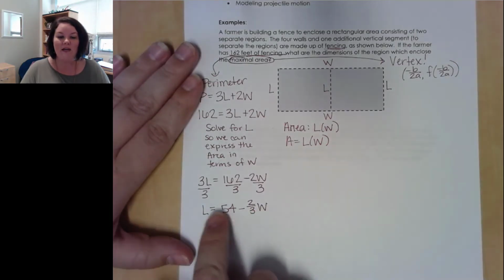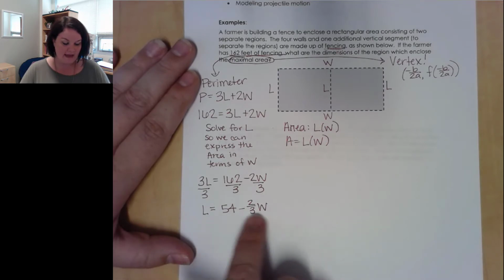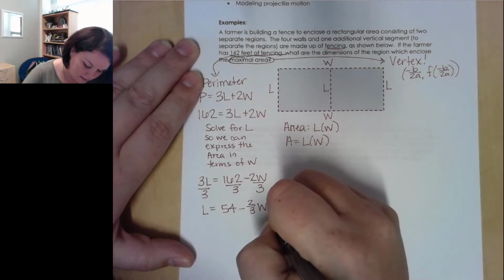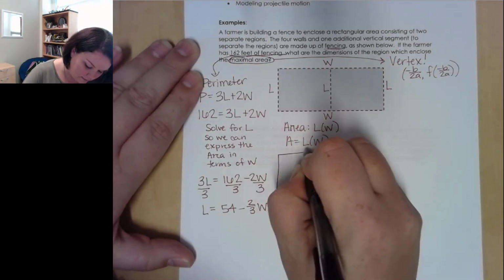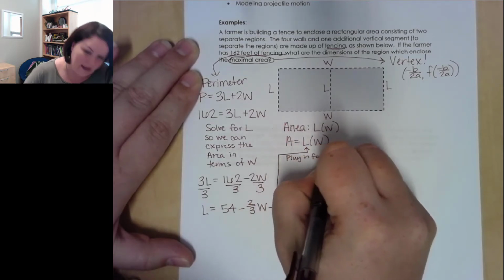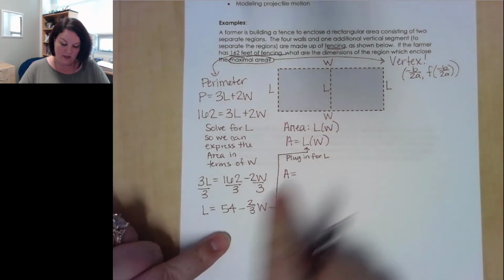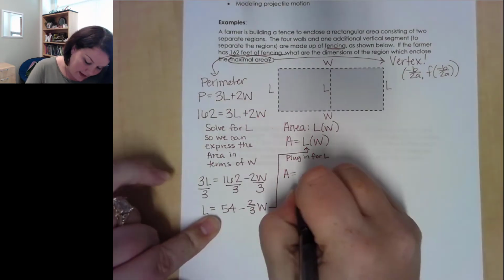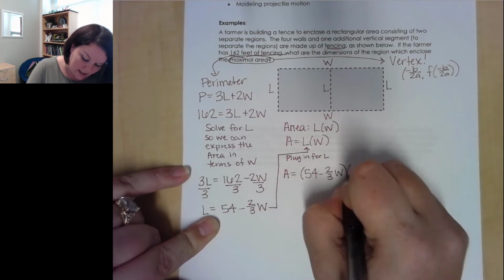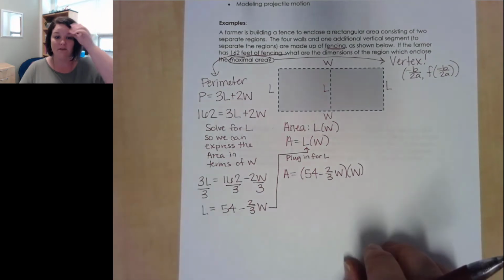Okay, so now I know what L equals, right? I know what my length looks like. So I'm just going to take that and plug it into my area function. Okay, so I'm going to write it like this. Plug in for L. Okay, so I can rewrite my area function as putting this mess in for L. So I'll have 54 minus 2/3 W times the W that was already there in my area formula, right?